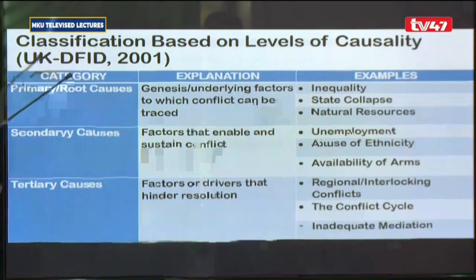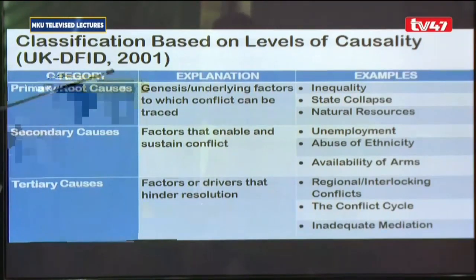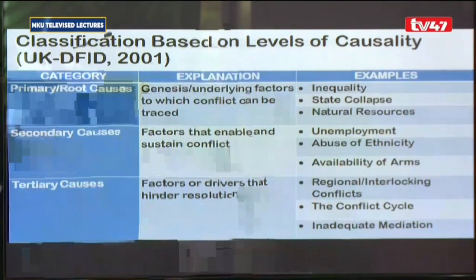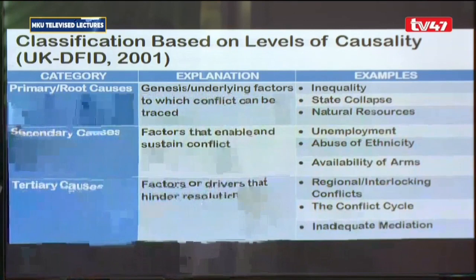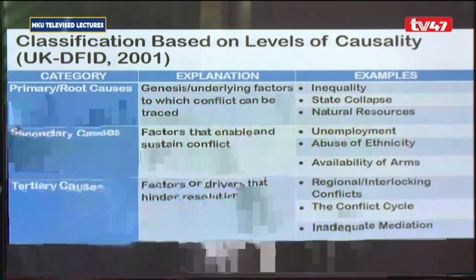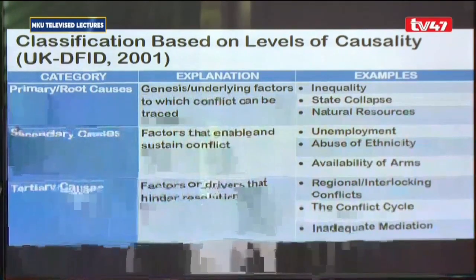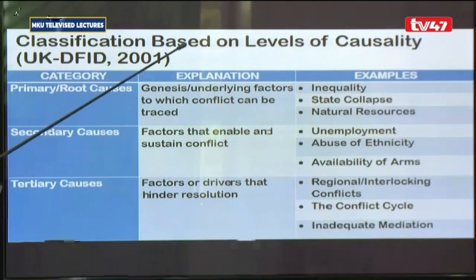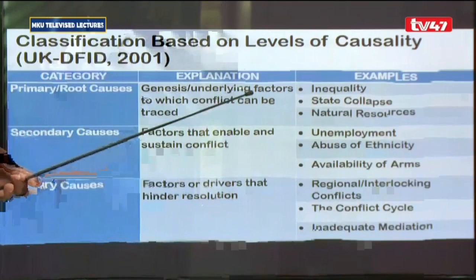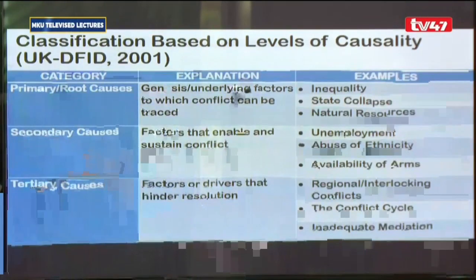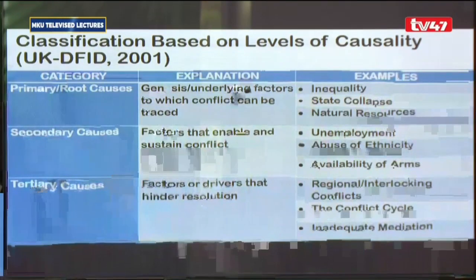Primary or root causes of conflicts are underlying factors that cause a conflict. They are the common denominators of all other factors that can arise out of that conflict. Examples of these are causes that are linked to inequality, state collapse, and natural resources. We'll review this in our next slide.